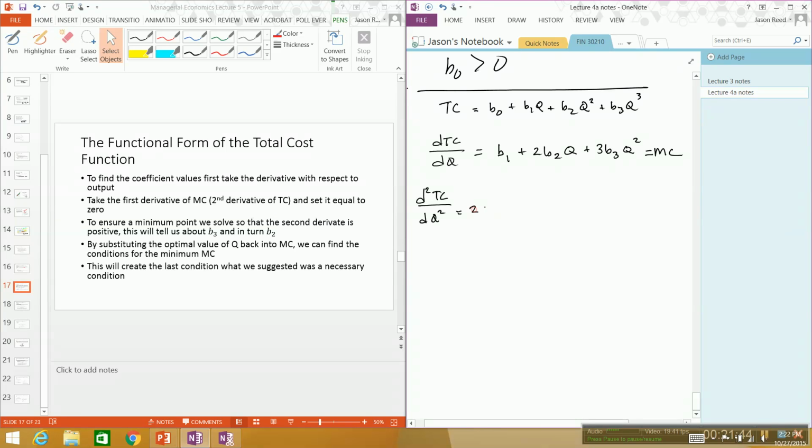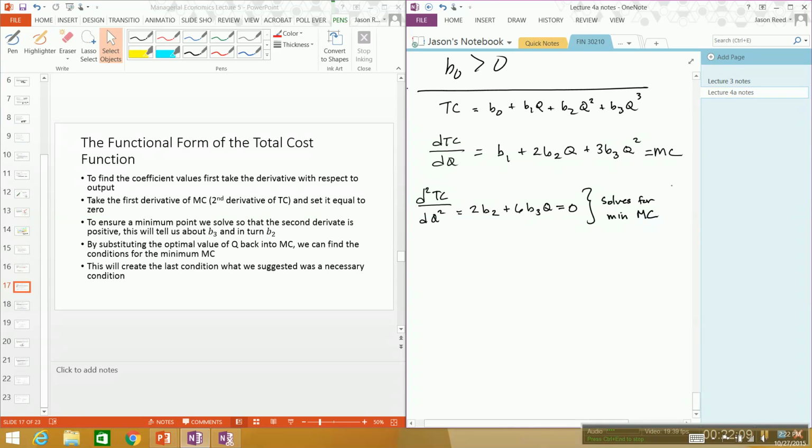So we're left with 2 beta 2 plus 6 beta 3 q, which is going to be equal to 0. This solves for minimum marginal cost. So this q will get us that minimum marginal cost.